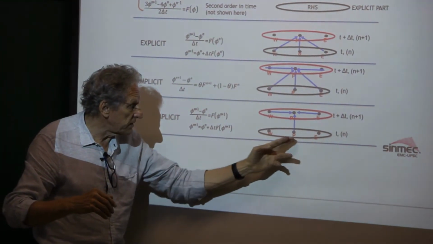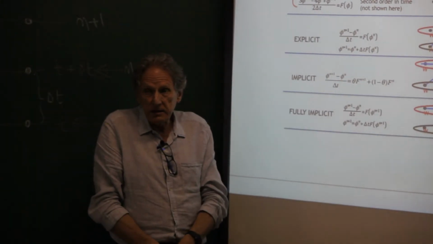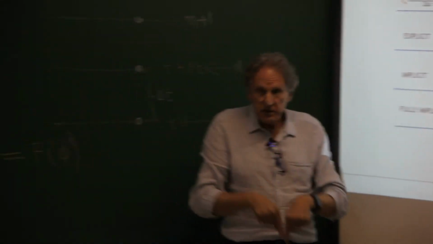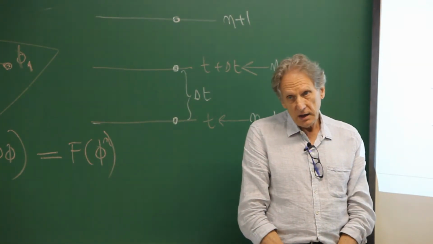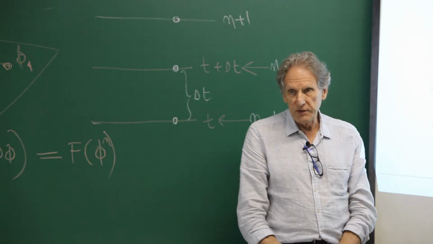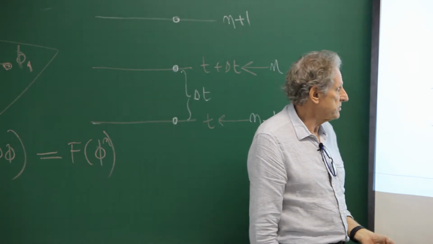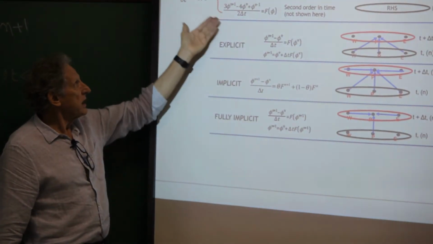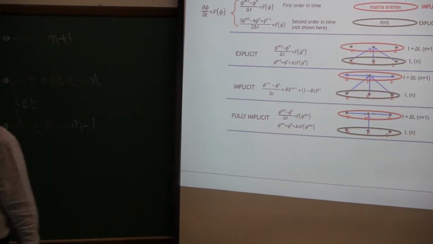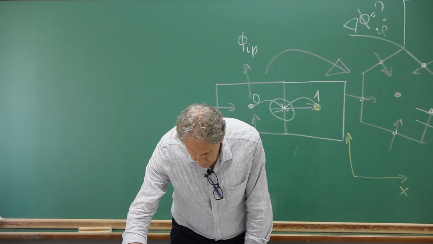This term disappears. And of course, this cell is always connected with the proper cell at the previous time level, because it's a transient. It's the evolution of the transient. So this is the temporal interpolation. You can use first order in time, or you can use second order in time.